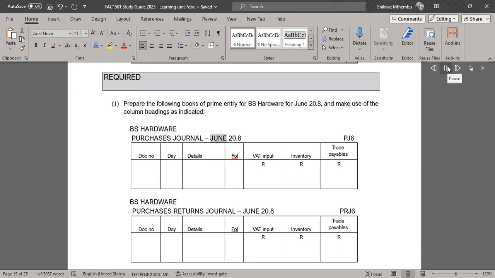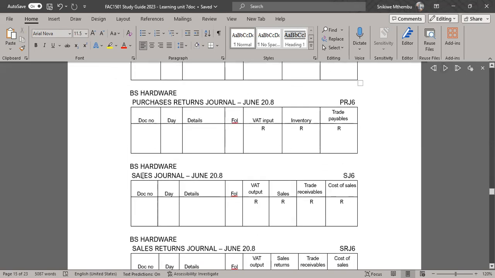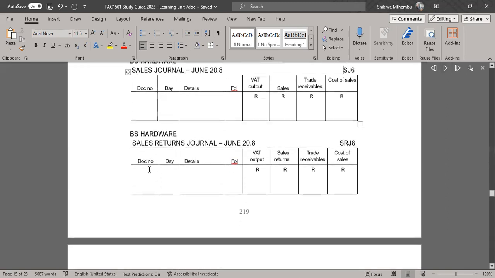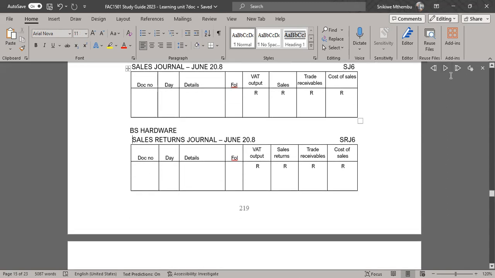Purchases Journal, June. Purchases Returns Journal, June 20.8 PRJ. Sales Journal, June 20.8 SJ6. Sales Returns Journal, June 20.8 SRJ6.